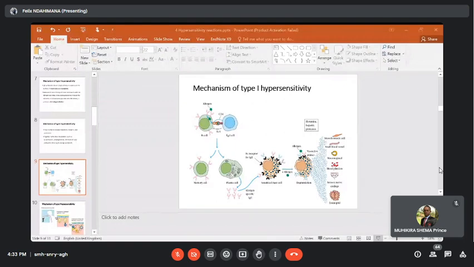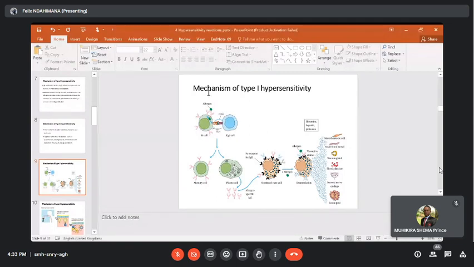We know that histamine causes vasodilation and vascular permeability, which is not good in this sense, as the internal content of the vessels will start to leak into the perivascular areas and vice versa. And this is, in summary, what happens in hypersensitivity type 1, or an allergic reaction.